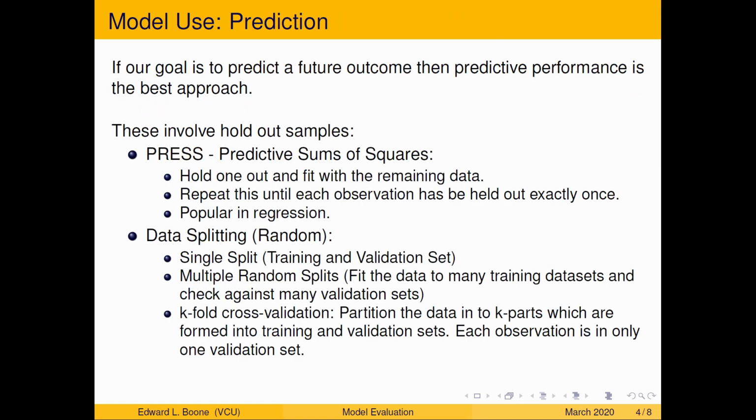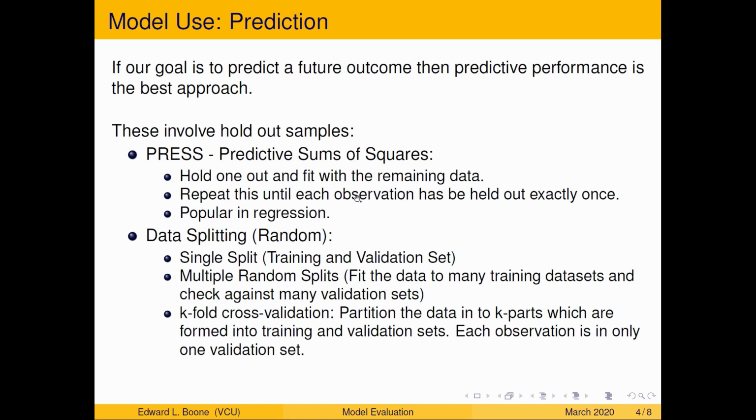Now, if we're interested in prediction, we really need to change our thinking. Okay, we want to see how well we can predict data that the model has never seen. So this is where we're going to have to split the data and hold out some. Now, predictive sums of squares is usually the first one that most people see. This is called PRESS, and it's used in regression, where you hold one out and then you fit with the remaining data.